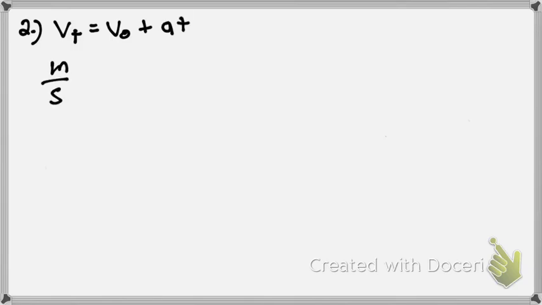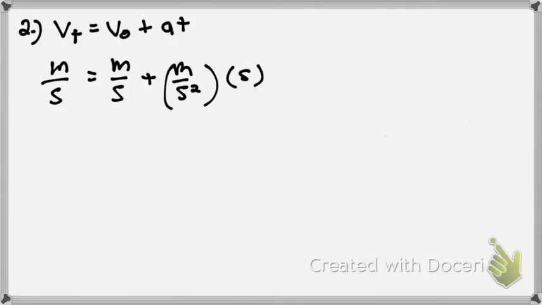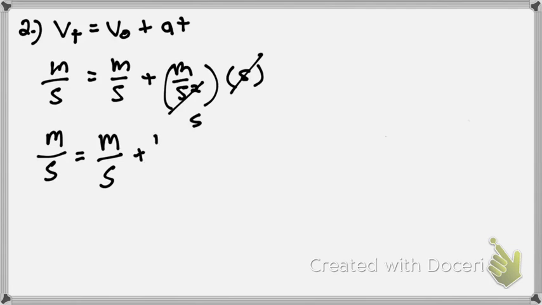So let's look at meters per second is equal to meters per second plus meters per second squared times time, right? So you cancel, and we're still left with one S. So meters per second is equal to meters per second plus meters per second. So we know we wrote this equation right, so we can go ahead and erase this too.